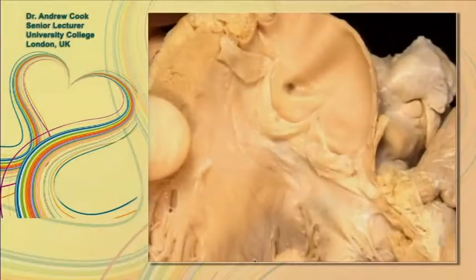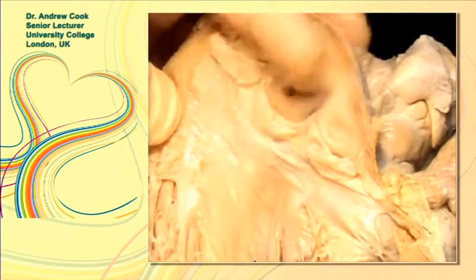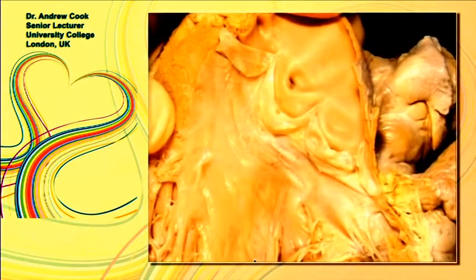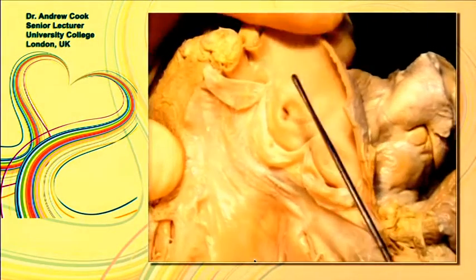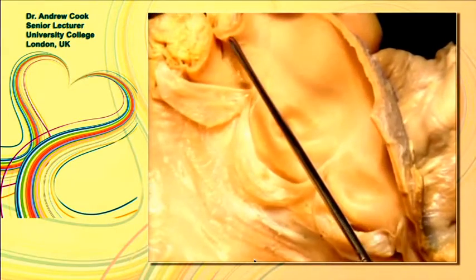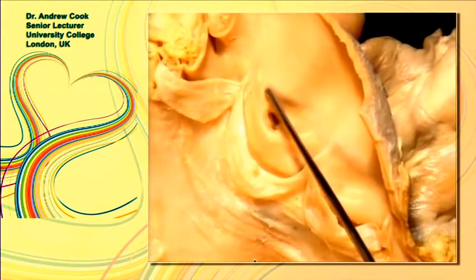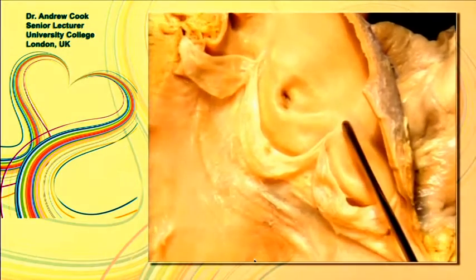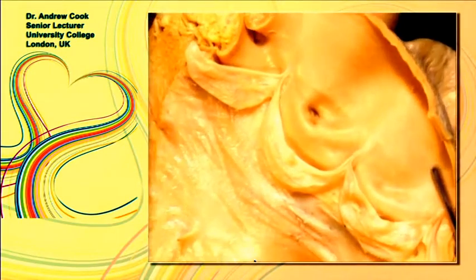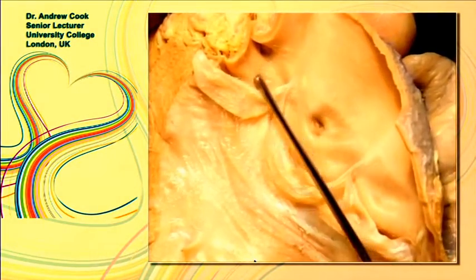So there's an unobstructed way out to the aortic root and valve itself. And what do we mean by the aortic root? Well, the aortic root really extends from the sinutubular junction, which I'm pointing out here. There's a faint ridge just at the top of each of the sinuses.